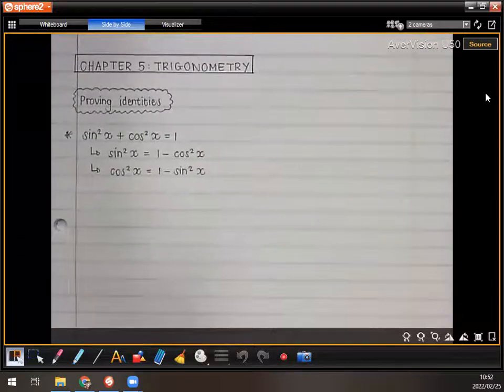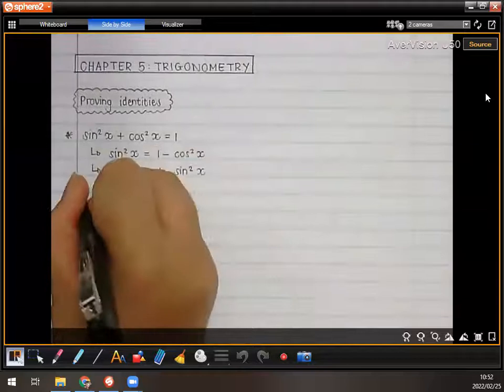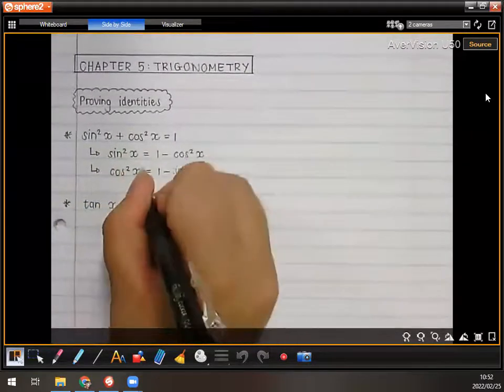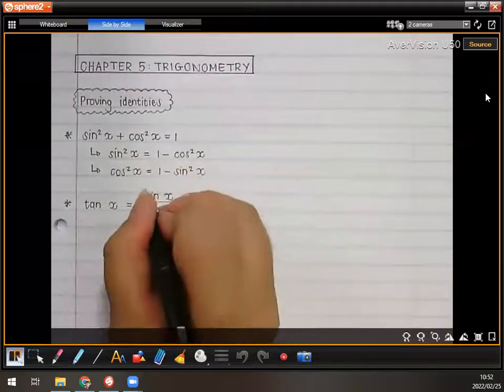And then the other identity that we know is that tan of any angle is sine of that same angle over the cos of that angle.